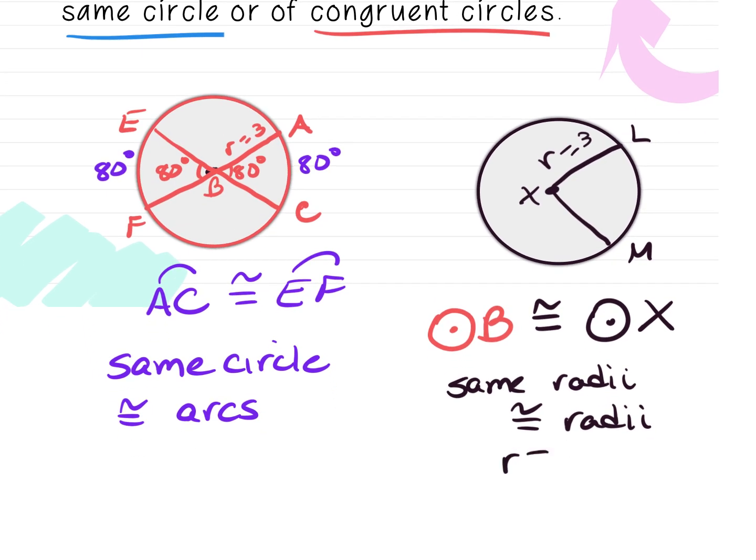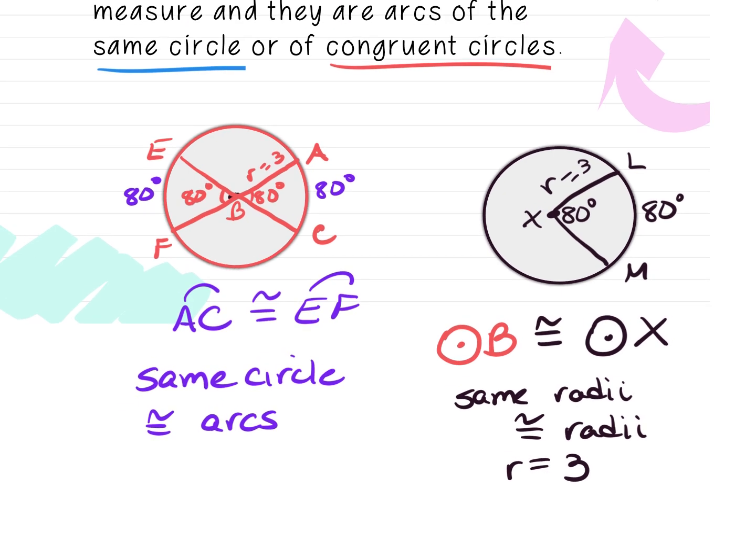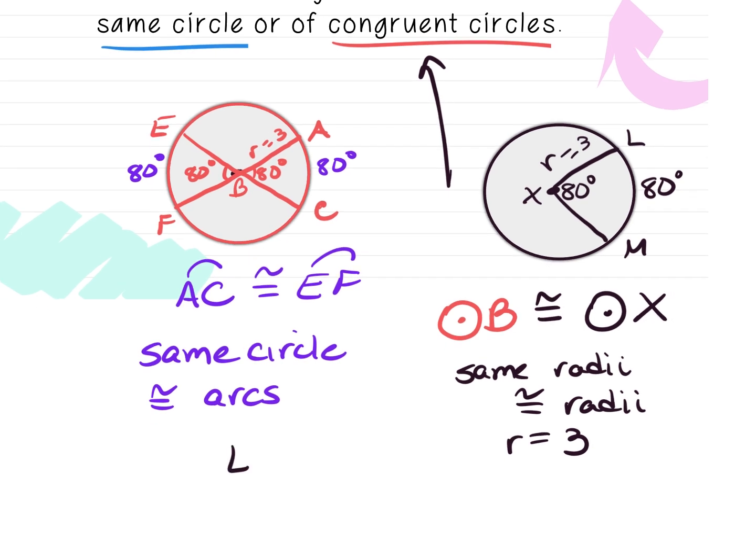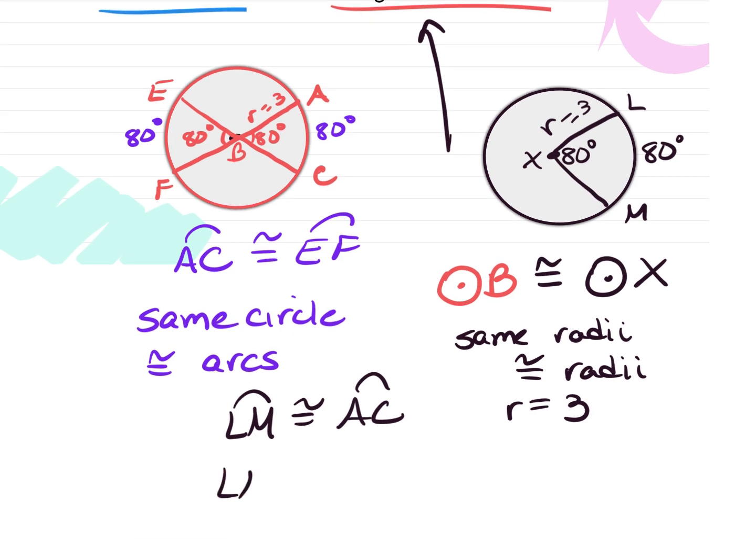So because both radii are 3, if I add in an 80-degree central angle, because the central angle is 80, so is arc LM. So because these are congruent circles, I could also state that arc LM is congruent to AC, or I could also say LM is also congruent to EF.